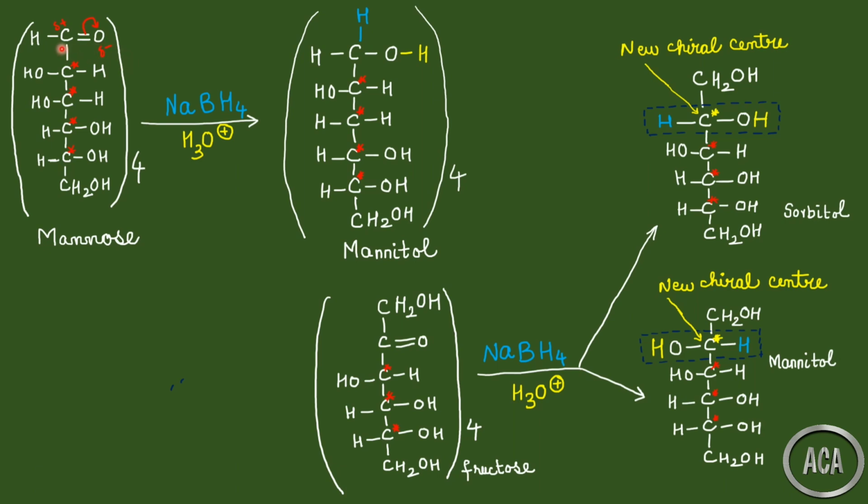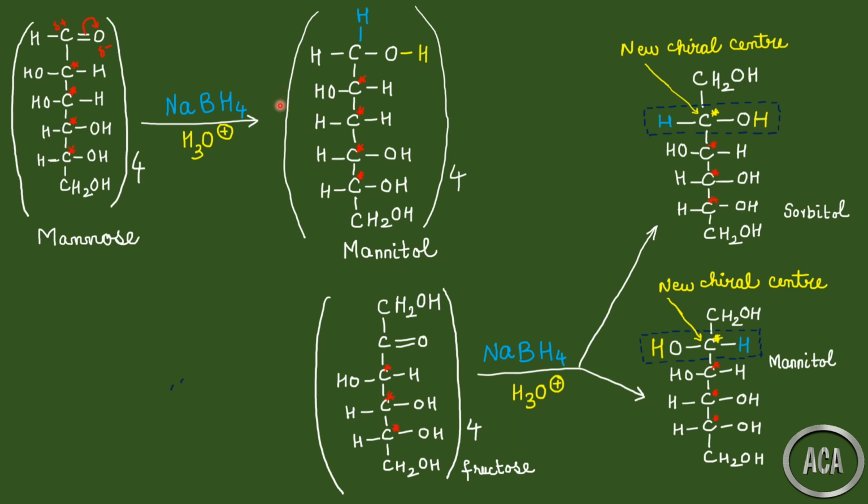As soon as the C plus, the carbocation, is generated after the breaking of the pi bond, what happens immediately? The hydride will come and attack the C plus, and we will get the hydrogen over here. And the moment the O minus negative charge is generated over here, the oxygen gets protonated, that is, from the water the proton will come and attack the oxygen.